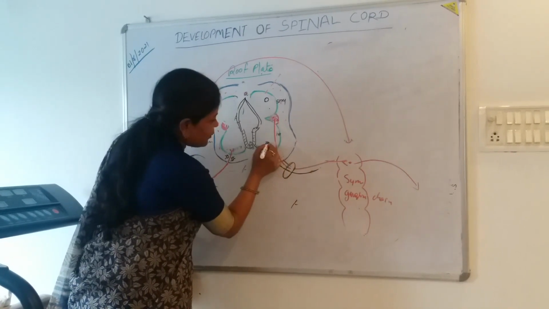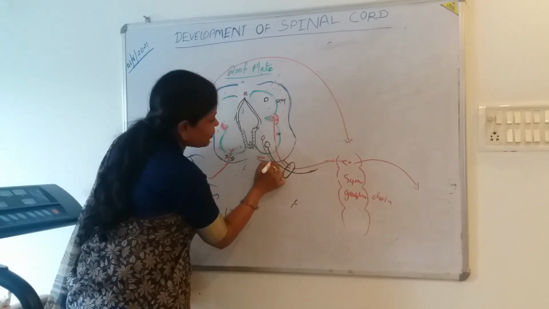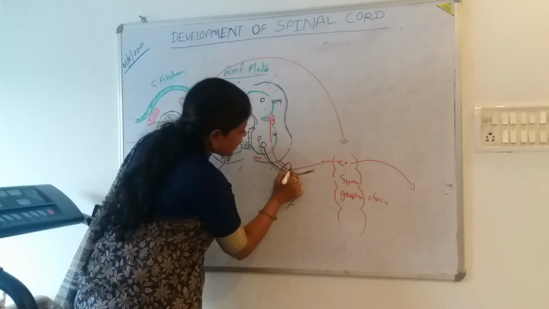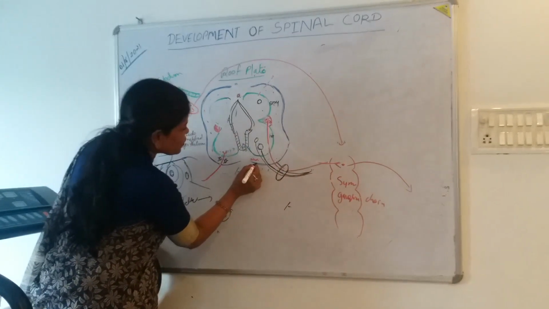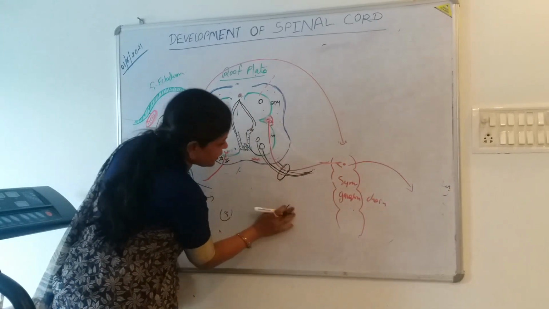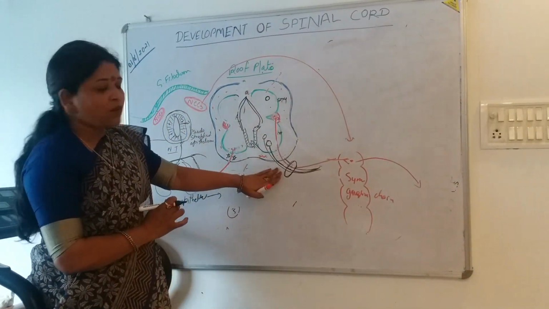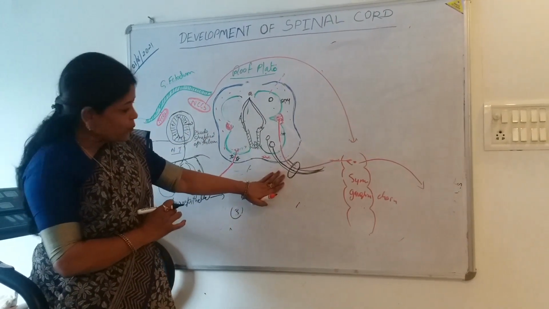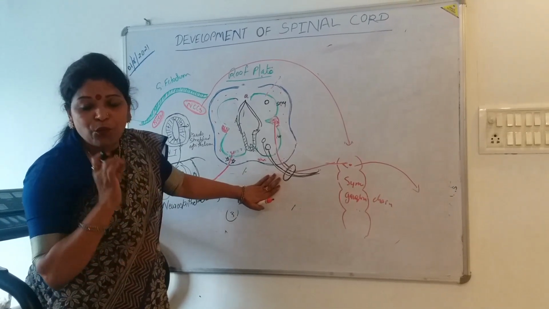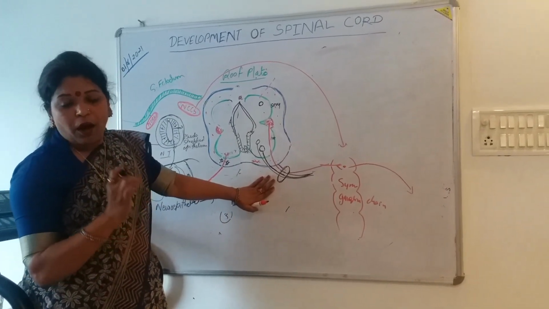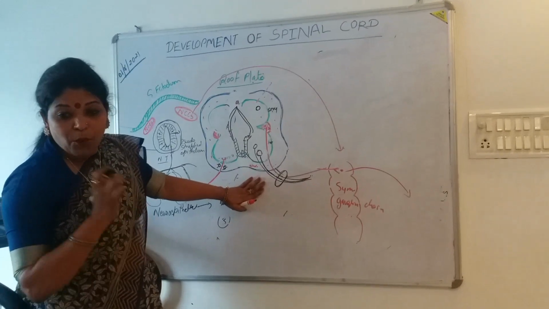Many of the neurons, the bundle of the axons leaving this spinal cord and coming peripherally, and the bundle of these axons which is emerging on the ventral aspect of the spinal cord will be known as the ventral root, which is concerned with the motor function.